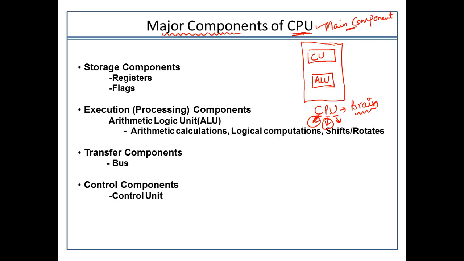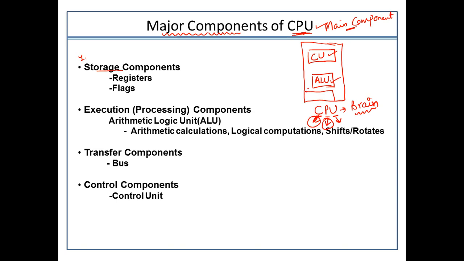So let's understand, other than the control unit and arithmetic unit, what other things are associated with the central processing unit. The very first thing considered a major component of the central processing unit is the storage components. Definitely, the central processing unit has the capability to store some information, some data, as in the case of memory.